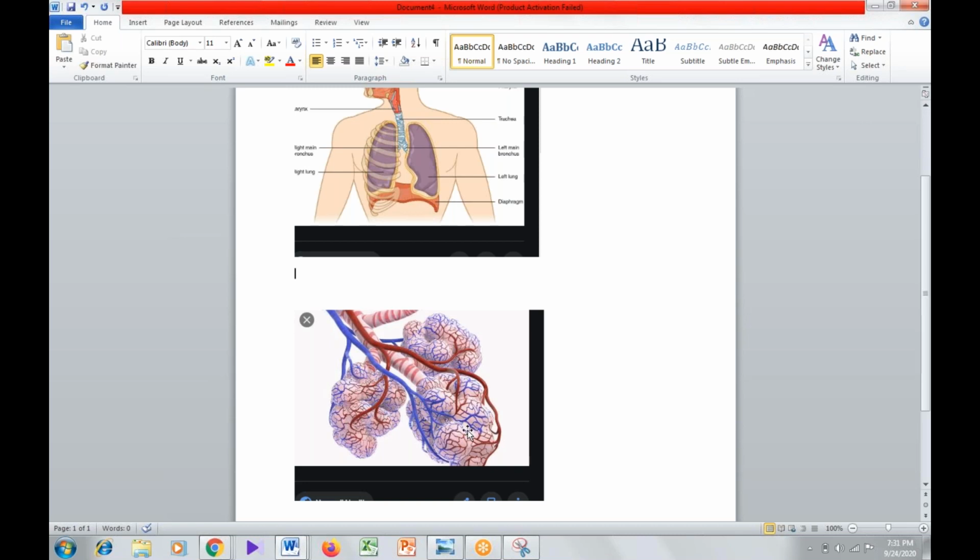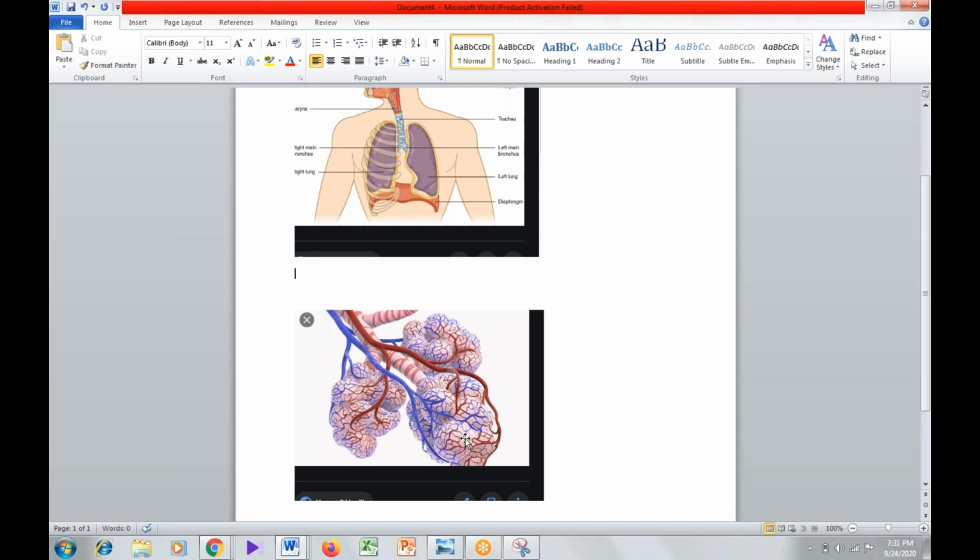You can see these air sacs are surrounded by capillaries. The red one is called an artery, and the blue one is called a vein. When these vessels subdivide into small thin ones, they are called capillaries. Ishfaq, you have to understand the circulatory system, three things.